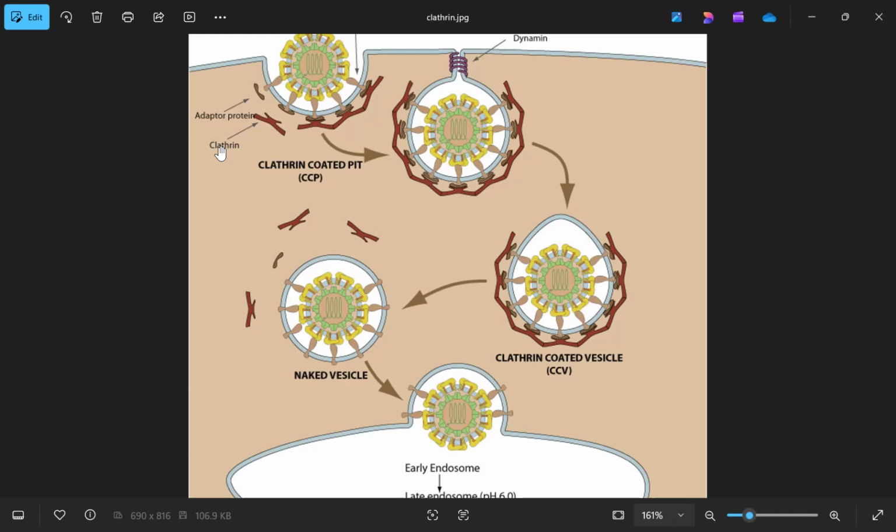And the clathrin will attach to the adapter and create this coating.